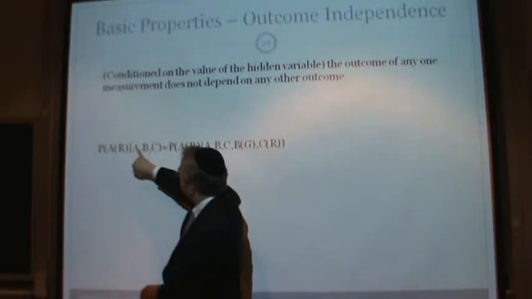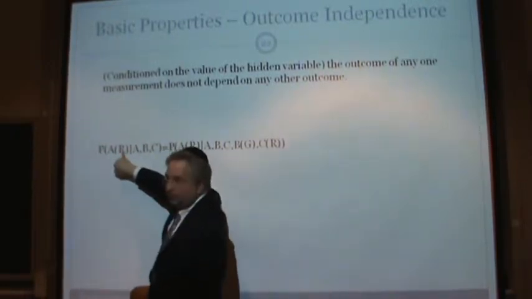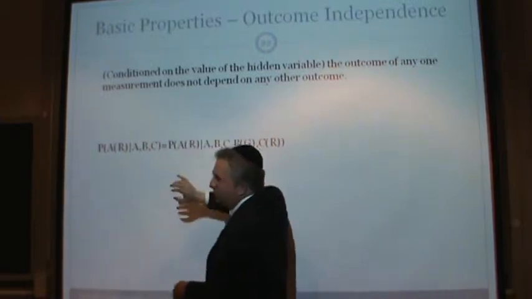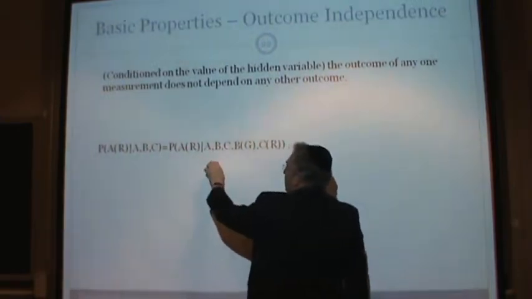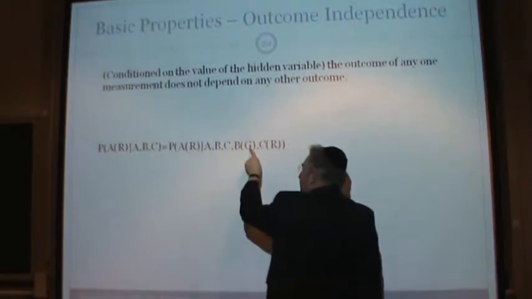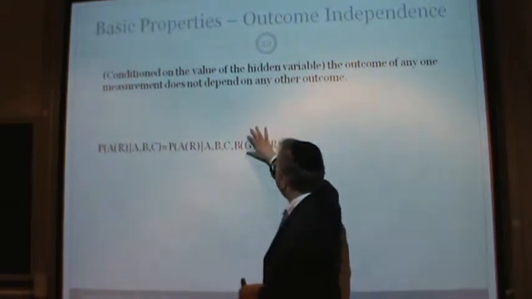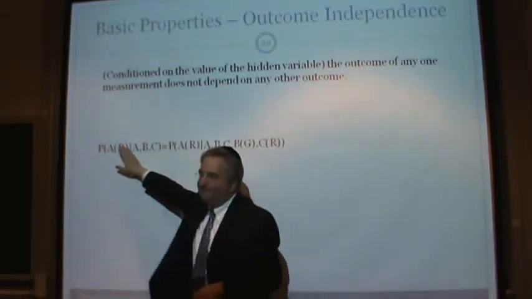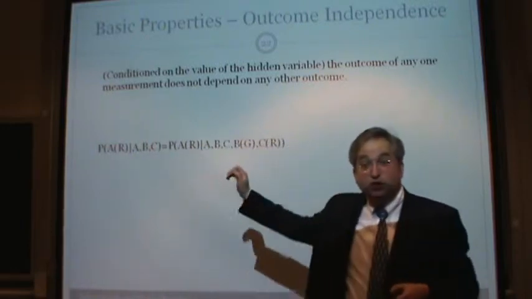If you have three measurements, A, B, and C, and Ann gets red, that's the same as having three measurements, A, B, and C, Ann getting red, but Bob getting green and Carol getting red. The fact that Bob got green and Carol got red does not affect the measurement. That's called outcome independence in terms of probability theory.